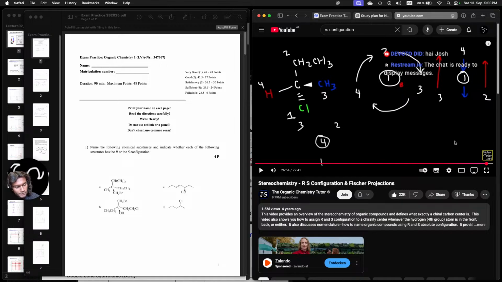Now we got the configuration. So it's anti-clockwise, which is this configuration.